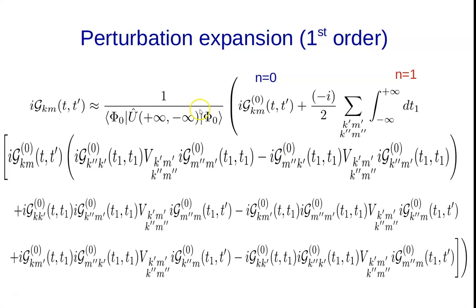All right, so we saw that out of the 6 contributions for the n=1 case, we only have 2 of them that we need to worry about. So these 2 are disconnected diagrams that are canceled by this denominator, and these 2 are equivalent.